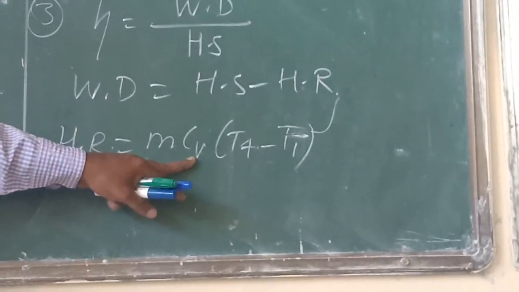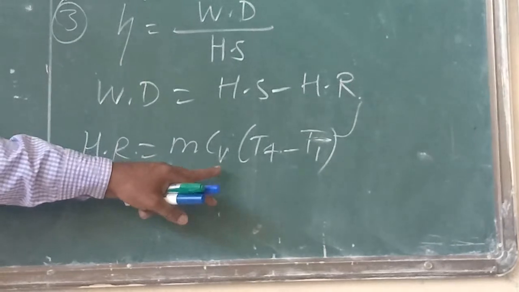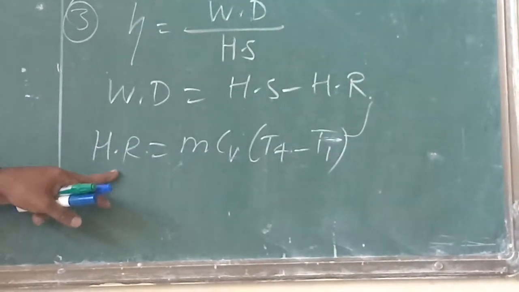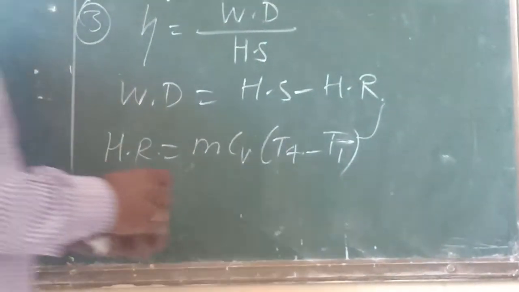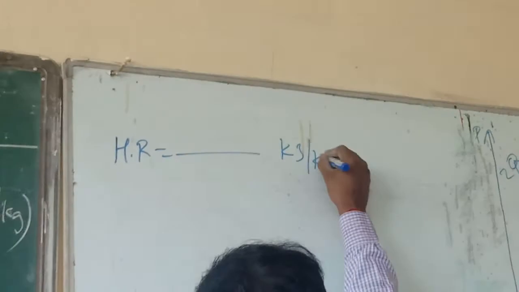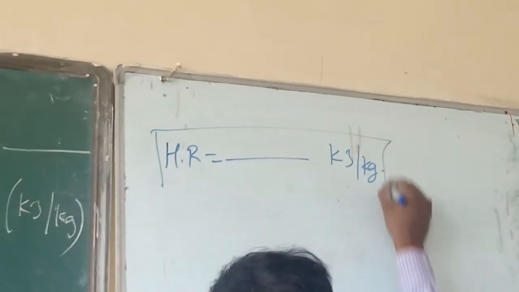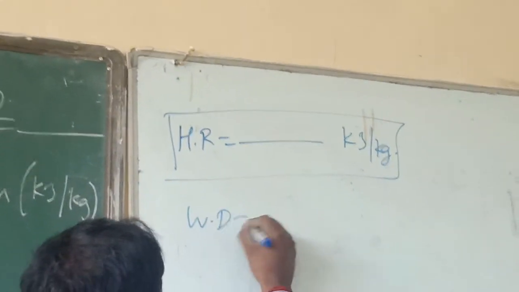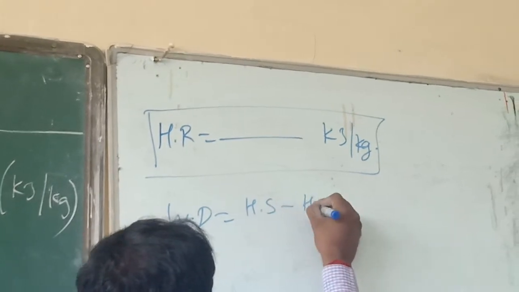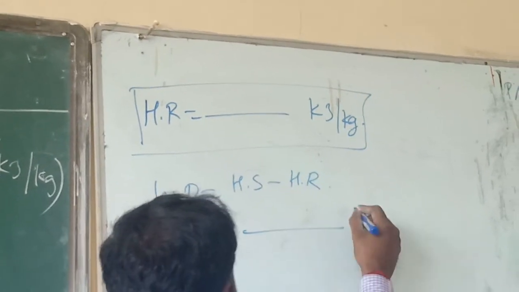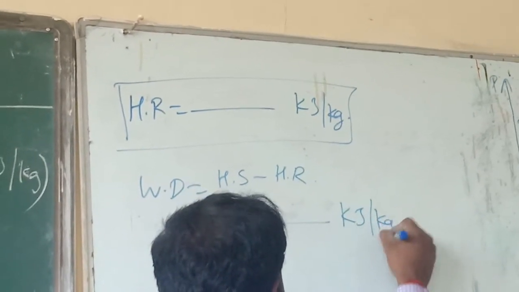Cv equal to 0.717, that is the specific heat at constant volume, and I can find the heat rejection in terms of kilojoule per kg. Then I substitute in work done equal to heat supply minus heat rejection, and we get it in terms of kilojoule per kg.